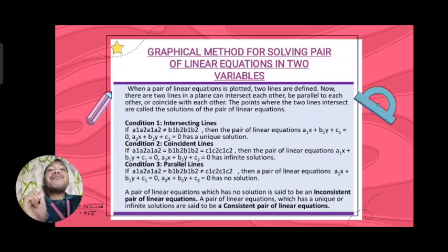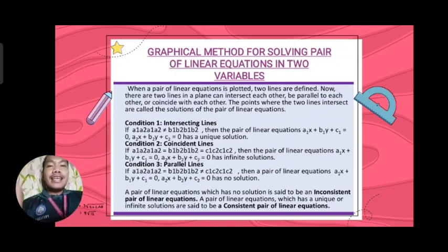So these are the conditions. Condition 1, the intersecting lines. If a sub 1 over a sub 2 is not equal to b sub 1 over b sub 2, then the linear equations a sub 1x plus b sub 1y plus c sub 1 is equal to 0, a sub 2x plus b sub 2y plus c sub 2 is equal to 0 has a unique solution.